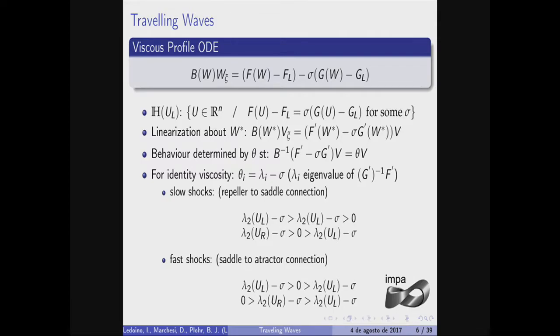Our problem now is to identify at what points of the Hugoniot locus we can make a connection from the left state to that point. Because of this formula, the left state and the right state are equilibria of this system of ODEs.